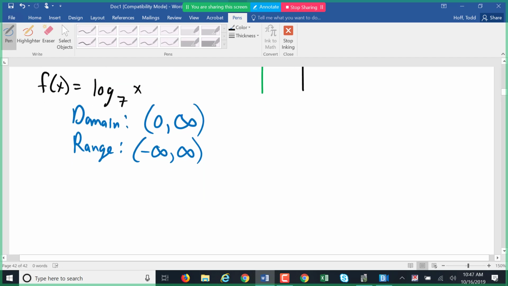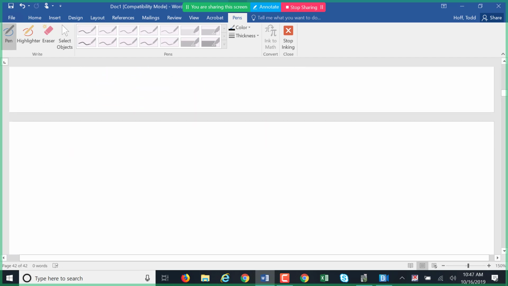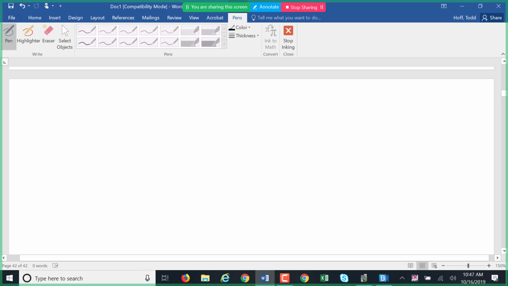Now, because of the close relationship between powers, exponents, and logarithms, there are some properties of exponents that carry over into logarithms. If I have x to the power of a times x to the power of b, that becomes x to the power of a plus b.